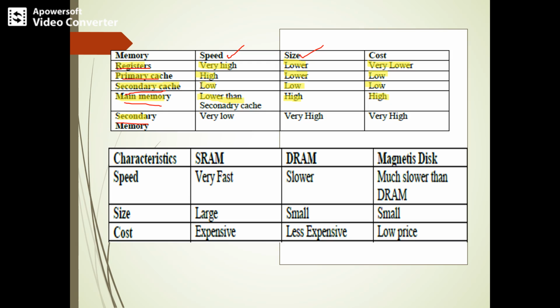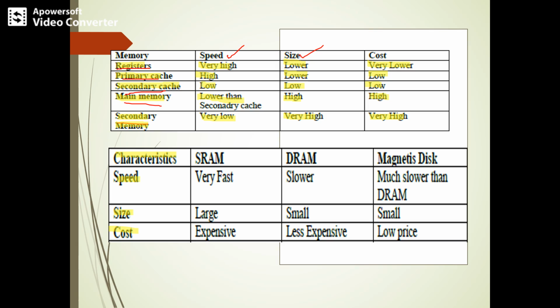If I am considering secondary memory, it is very large in size as well as costly, and the speed of operation is very low. Why? Because the size is large, it takes longer time to perform the read as well as write operations. Now in the second table we have listed different characteristics like speed, size and cost.